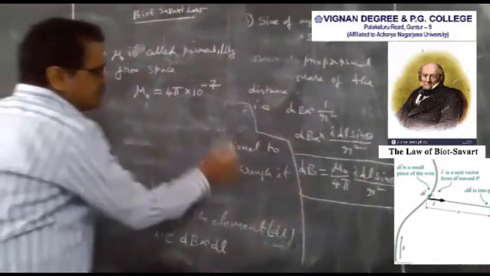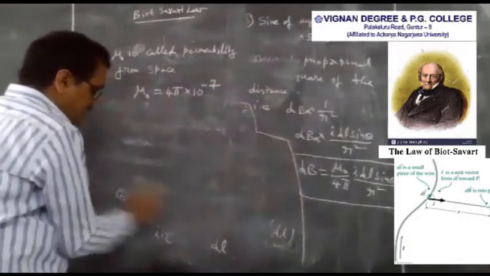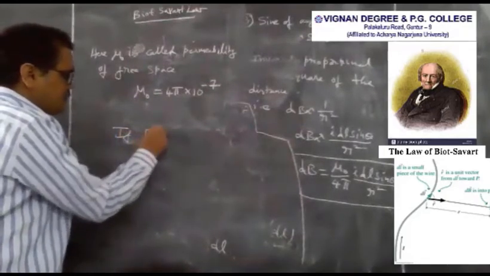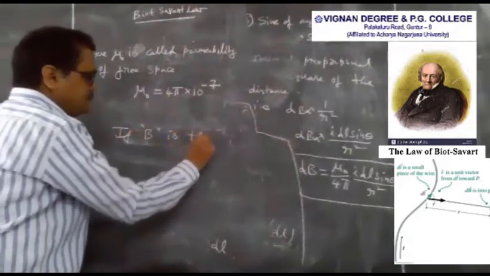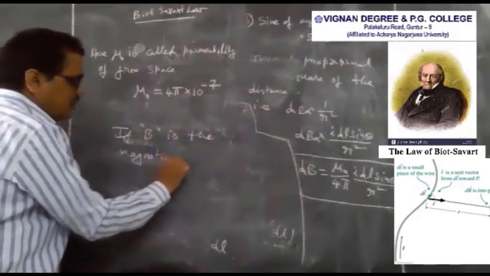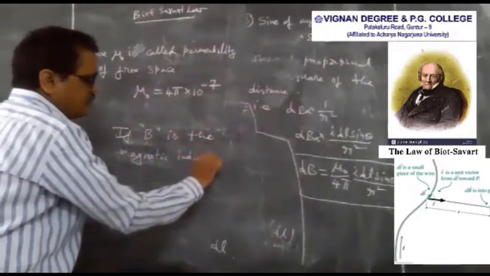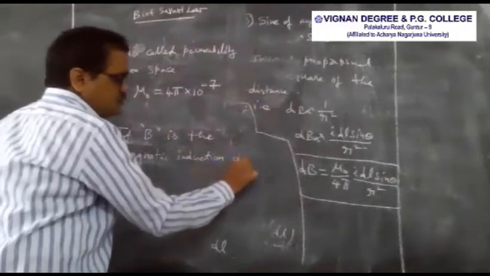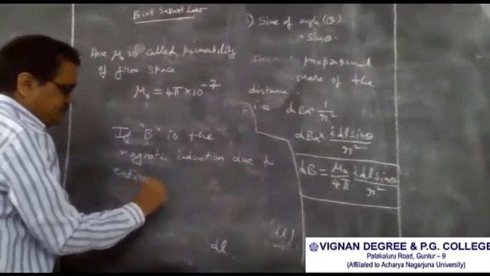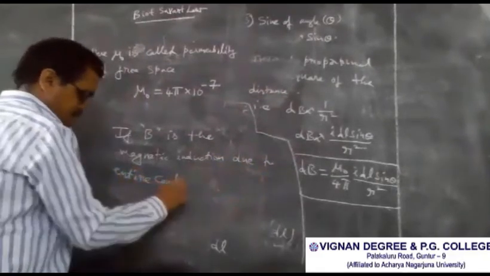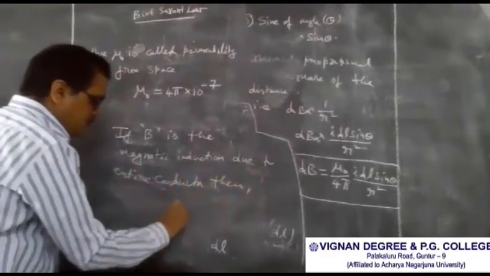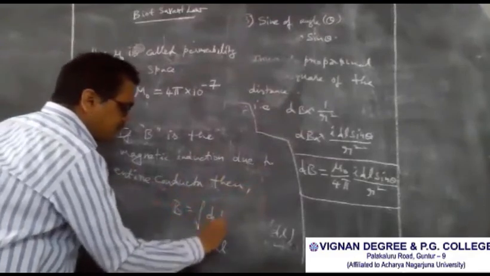That is, if B is the magnetic induction due to entire conductor, then B is equal to integral dB.